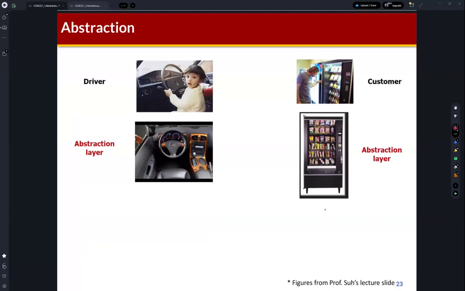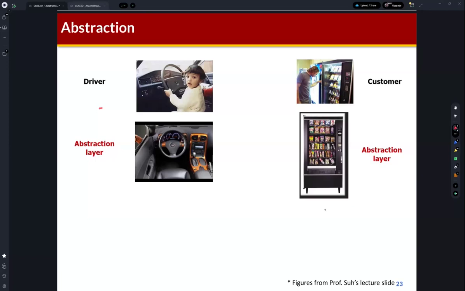So what can you see in this slide? You can see a very cute girl, and she's driving. Oh, it's illegal, right? But she's driving. So think about some system in the real world. A car.